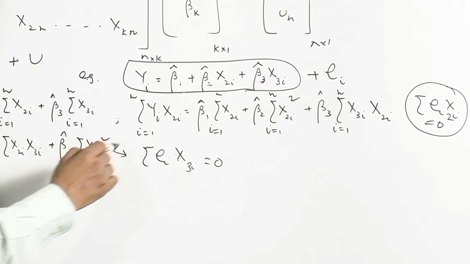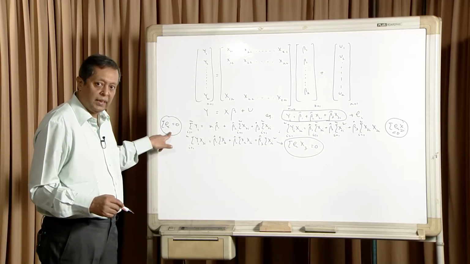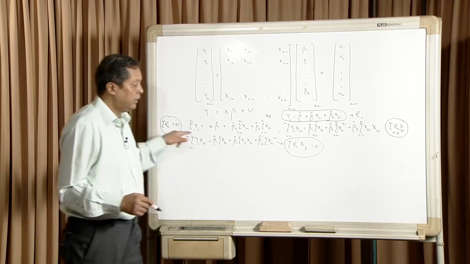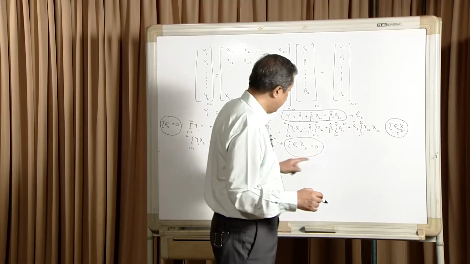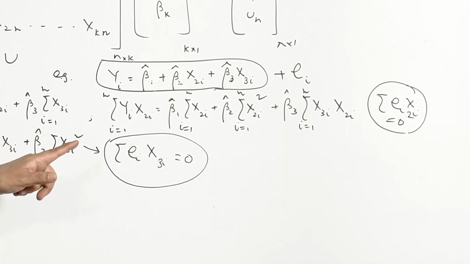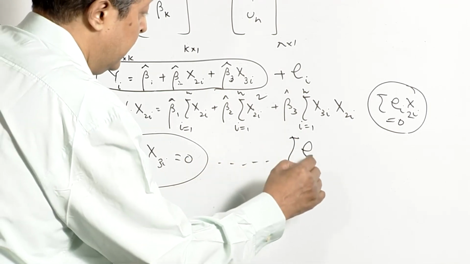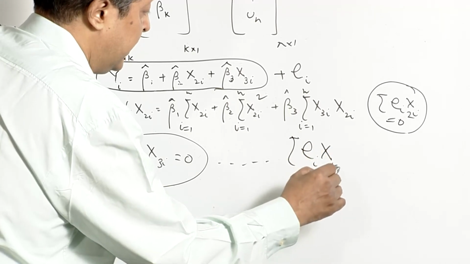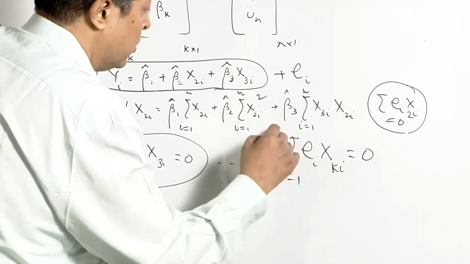So, the three simple conditions: the total or average error is equal to 0, the error must be uncorrelated with the second explanatory variable, and the error must be uncorrelated with the third explanatory variable. Needless to say, readers are anticipating that if we have k variables, then this will go up to summation ei xki, i running from 1 to n, that would also be 0.